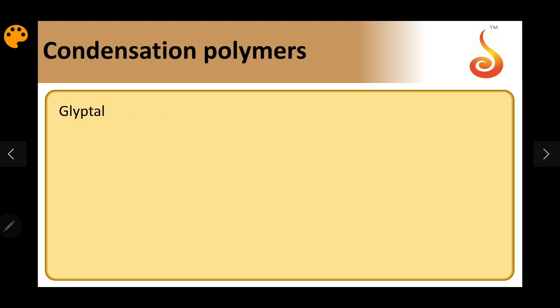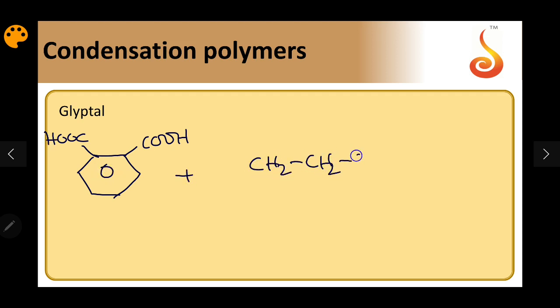Glyptal is also similar to Dacron. The only difference is instead of terephthalic acid, we use normal phthalic acid, that is the ortho isomer. So COOH, COOH, and ethylene glycol is the other monomer. So this will be forming glyptal.